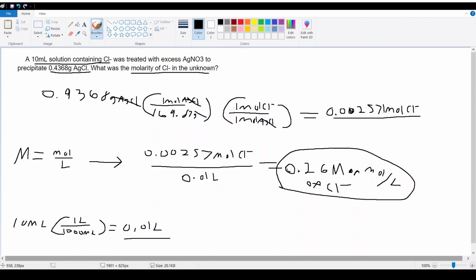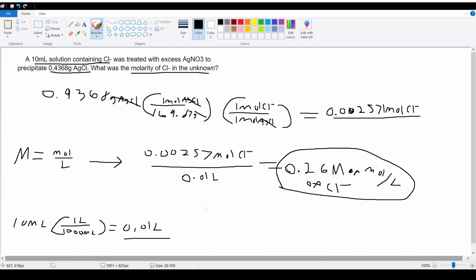Now the reason we did 1 mole over 1 mole here is because if you balance your chemical equation, which I will not do for you, you'll find out that there is going to be 1 mole of Cl for 1 mole of AgCl, and that's why we did 1 to 1. If this is a different problem with different molecules involved, we might have 2 moles of one portion over 1 mole of the other, but that's why you have to make sure that you pay attention to your balanced chemical equation to make sure that your molar ratio is correct.